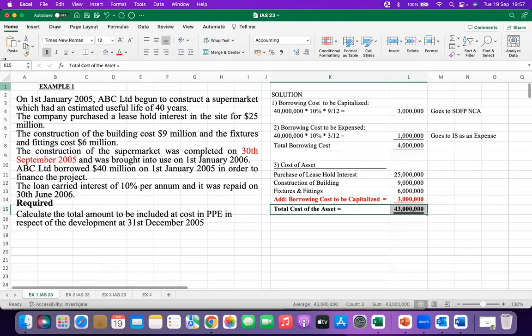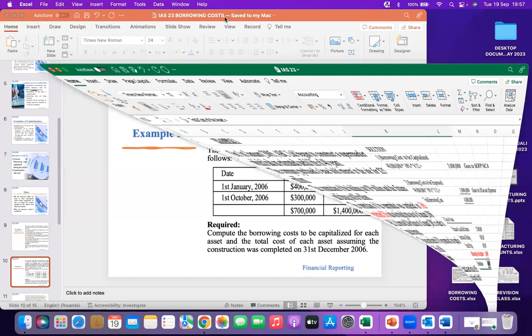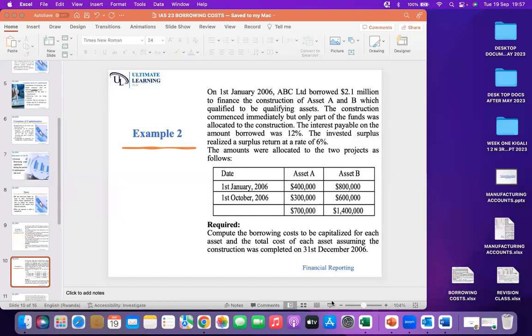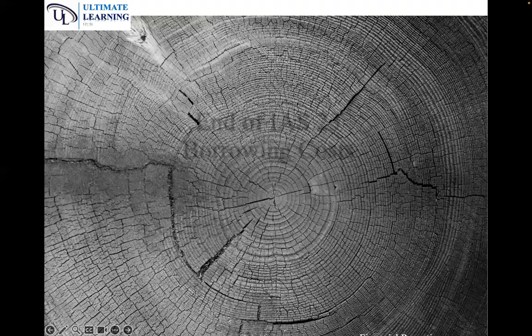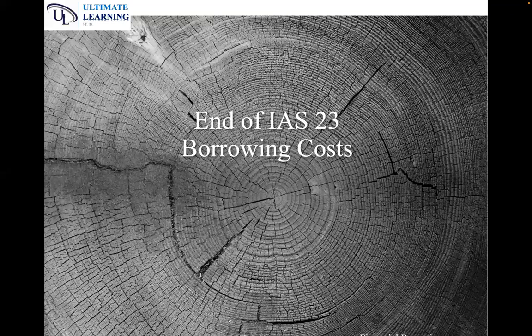So in conclusion, as we reach the end of our presentation on borrowing costs, you should know what borrowing costs are. Recognition of borrowing costs: for qualifying assets, we capitalize borrowing costs.